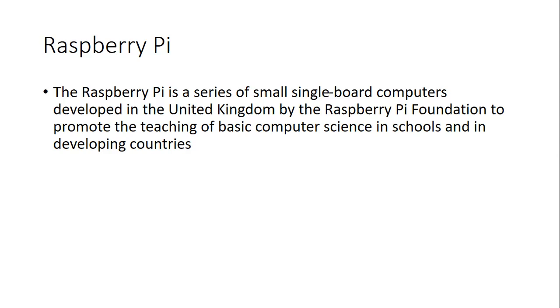Basically, this was developed in the United Kingdom by the RPI Foundation to promote teaching of basic computer science in schools and in developing countries. So this gives the origin of the Raspberry Pi. What is the basic purpose why it was started?